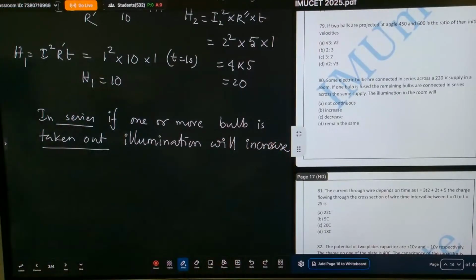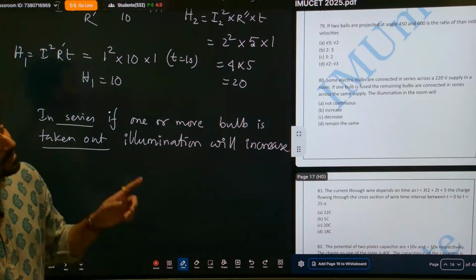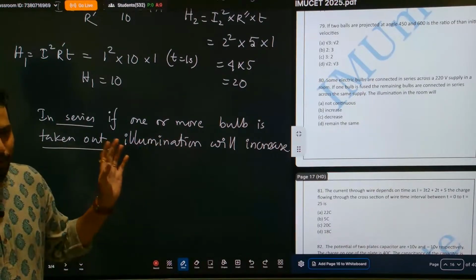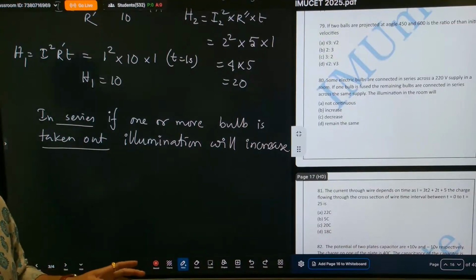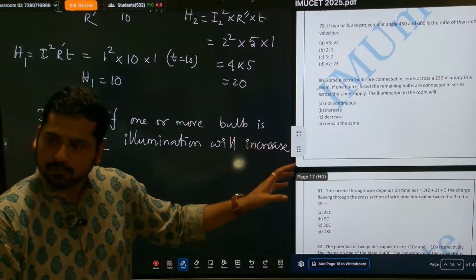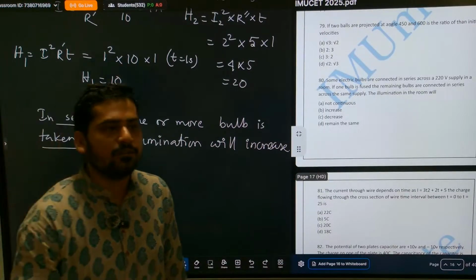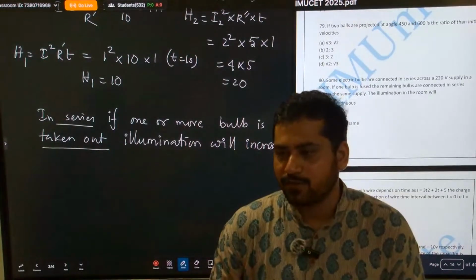So, is there any possibility that if the bulb is fused, the illumination will increase? Actually, there is a possibility that all of the bulbs will stop working, because in series, if you disconnect any one, current will not pass. But in the question, looking at the options, this is the most probable answer to give, because the other options are not consistent. Actually, if they had given that there is no illumination, that would be the answer, but it is not continuous. See, have you seen the bulbs sometimes flickering? So that is called not continuous.